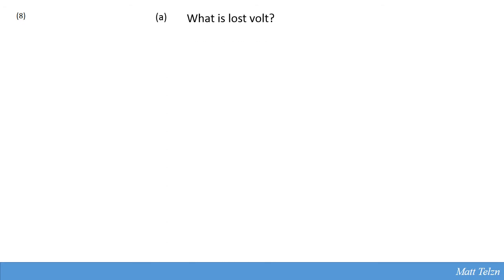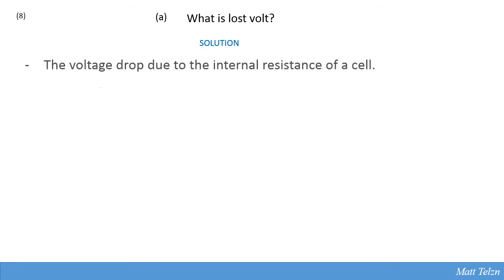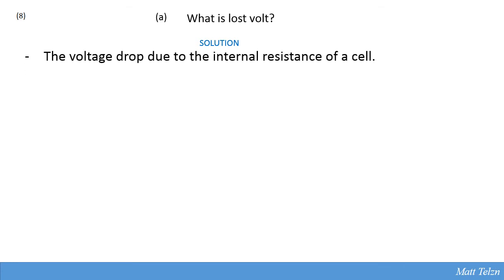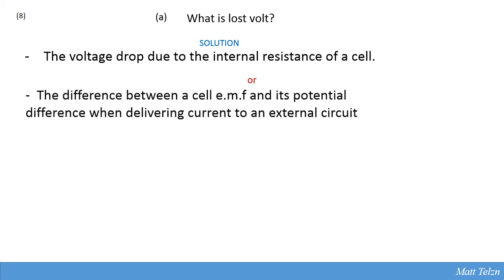What is lost voltage? It is the voltage drop due to the internal resistance of a cell, or the difference between a cell's EMF and its potential difference when delivering current to an external circuit. Total mark is 1, either of them.